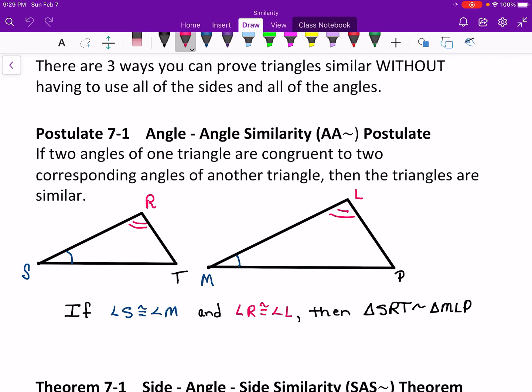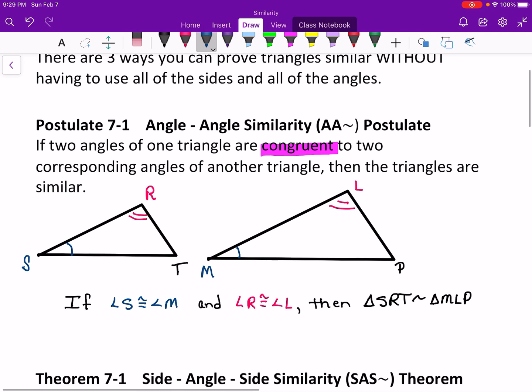It says if two angles of one triangle are congruent, meaning they have the same measure, to two angles of another, and they're the corresponding angles of another triangle, then the triangles are similar. Now, keep in mind, if two angles of one triangle are congruent to two angles of another, we have had a theorem in the past that said that the third angles are also congruent.